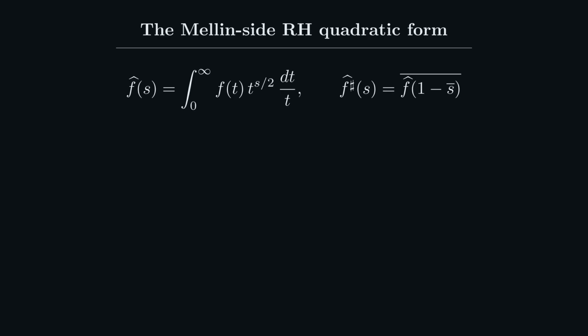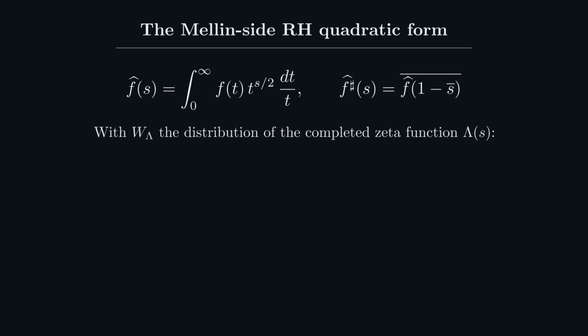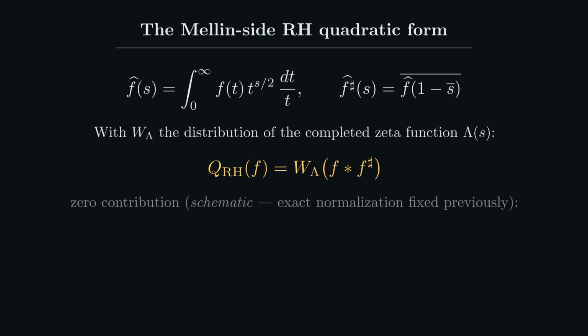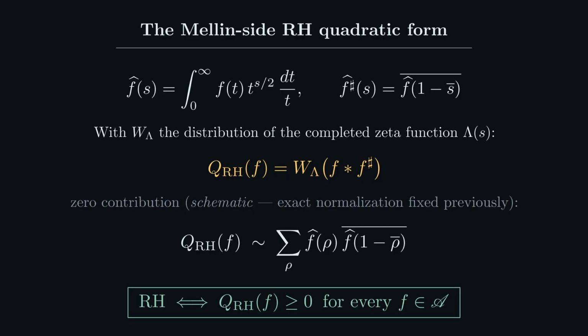Okay, so W sub lambda is the distribution of the completed zeta function, lambda of s, and we want to make it so that Q_RH of F is positive definite too.